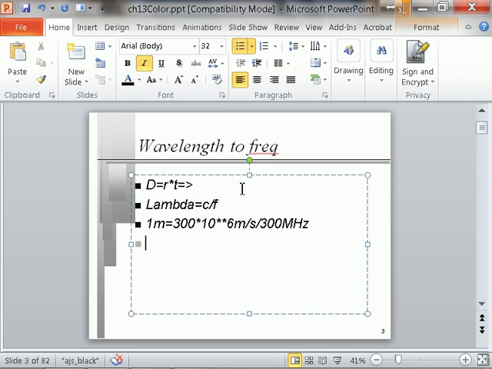So rule of thumb, if you take the number in megahertz and divide it into 300, you'll get your wavelength.